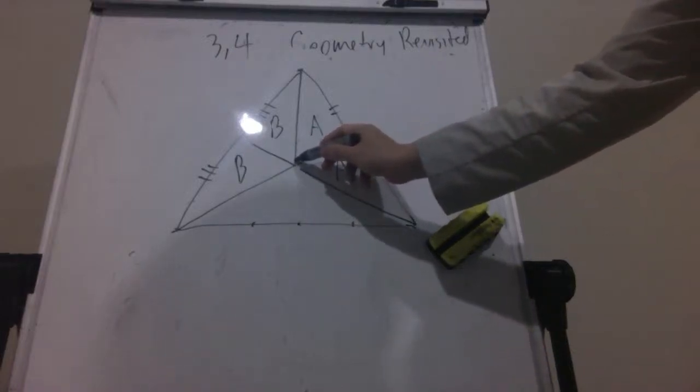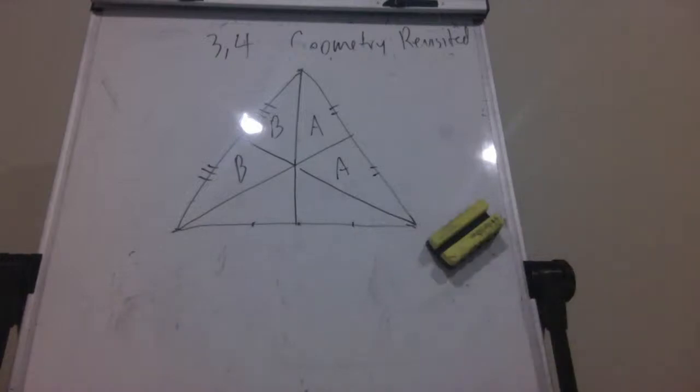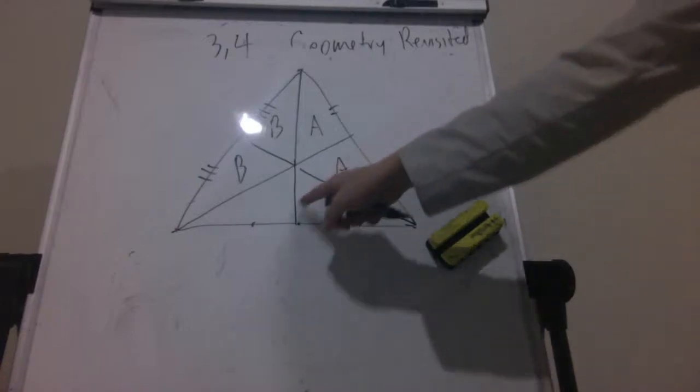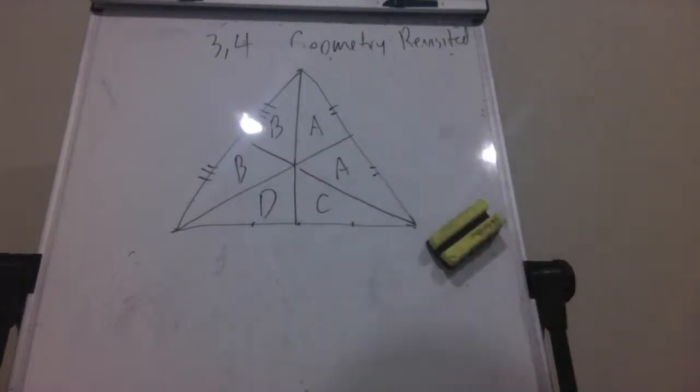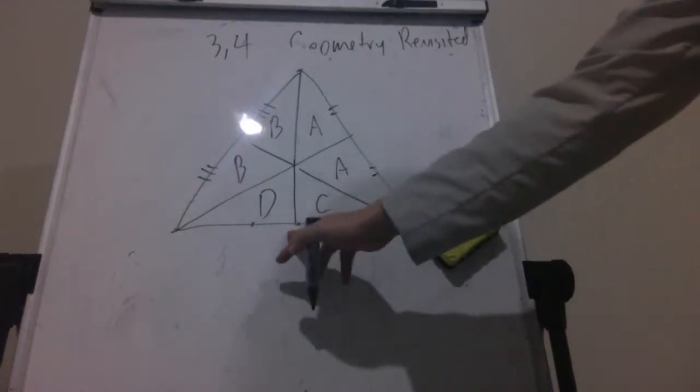So if we join this line up and don't assume it's the midpoint, and say this is the area of C and D, can we show that C equals D? If C equals D, then this is going to be the midpoint, right?